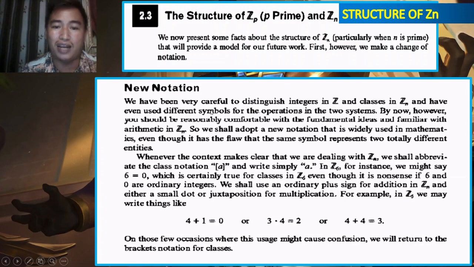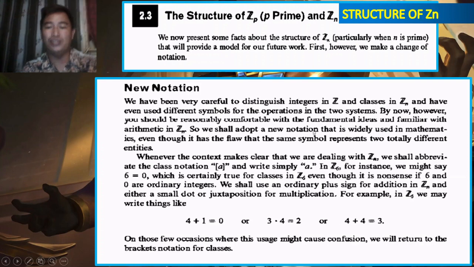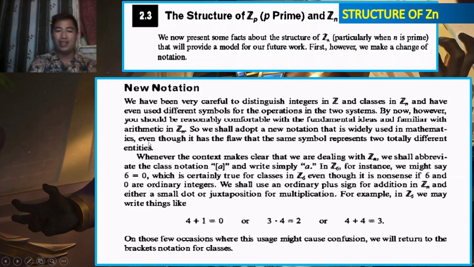So, you have been very careful to distinguish integers in Z and classes in Zn, and have even used different symbols for the operations in the two systems. So, by now, however, you should be reasonably comfortable with the fundamental ideas and familiar with arithmetic in Zn. So, we shall adopt a new notation that is widely used in mathematics, even though it has the flaw that the same symbol represents two totally different entities.